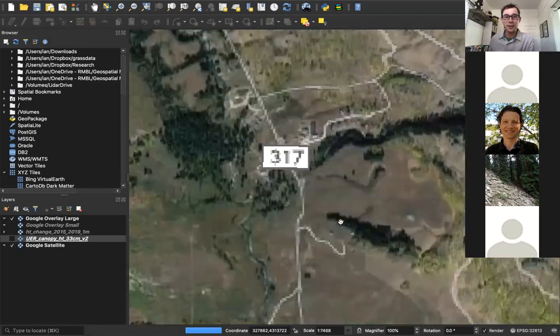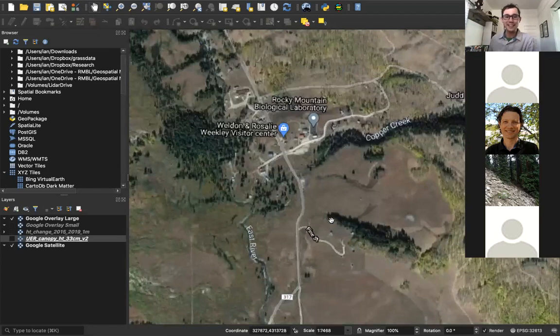And I'm going to show you guys a point cloud from this tiny little corner of Rocky Mountain Biological Lab. So it's a tile that's 250 by 250 meters, and I think it's interesting because it has a bunch of different vegetation types, and it's got some structures and other cool things to look at. And also it's just a good example of the strengths and weaknesses of those different point cloud methods.